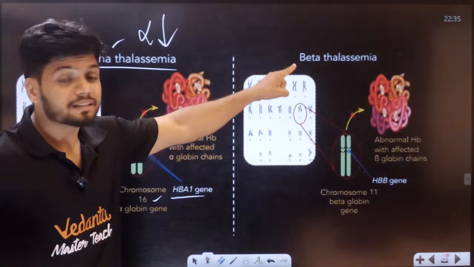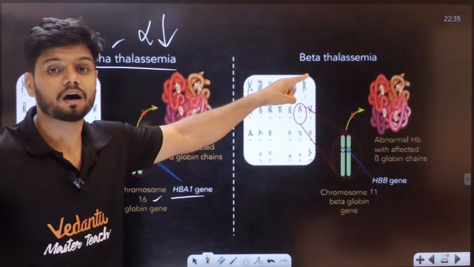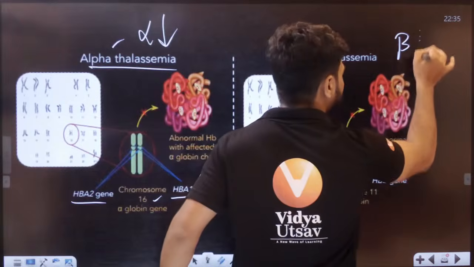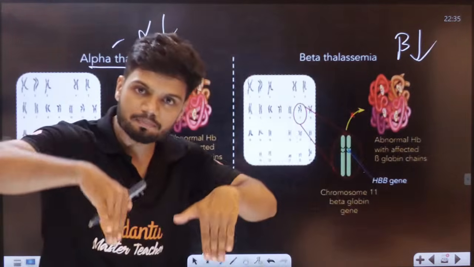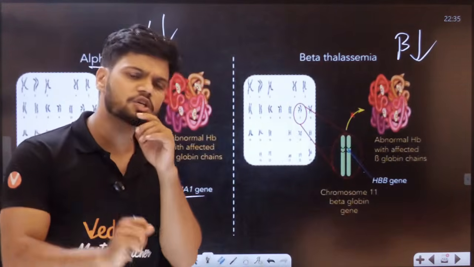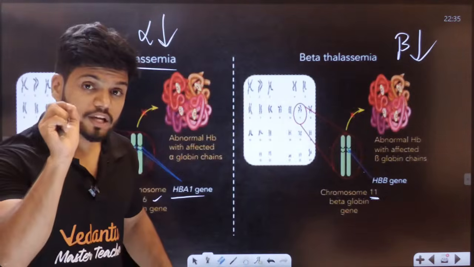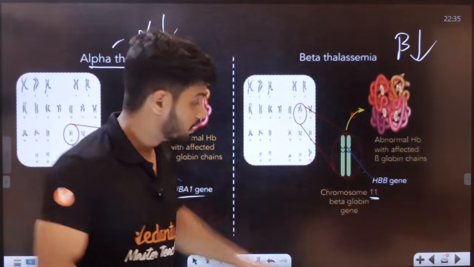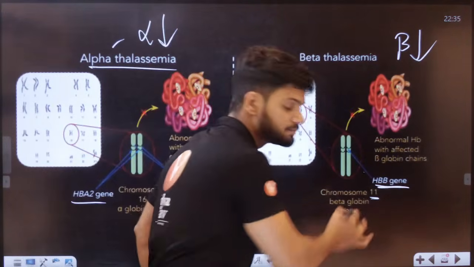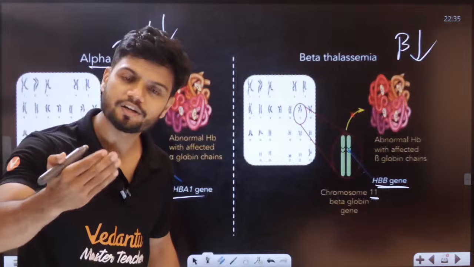In the case of beta thalassemia, the beta chain is not produced. Why? Again, a mutation on chromosome number 11 in the HBB gene, so the beta chain is not produced.